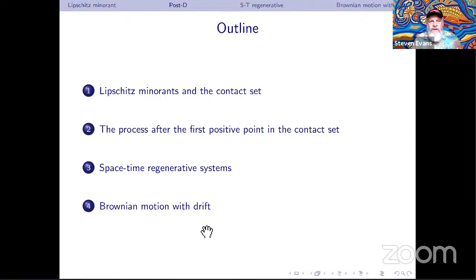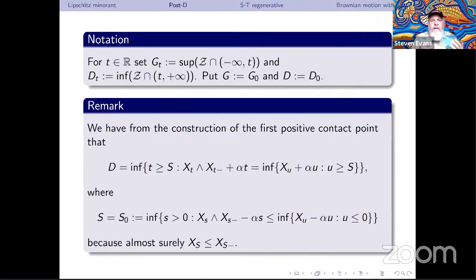Okay, so now we'll move on to considering the second item here in the outline. Let's introduce a little bit of notation.